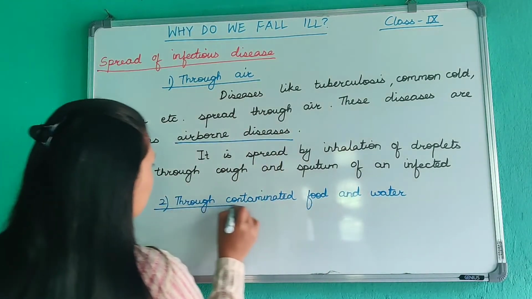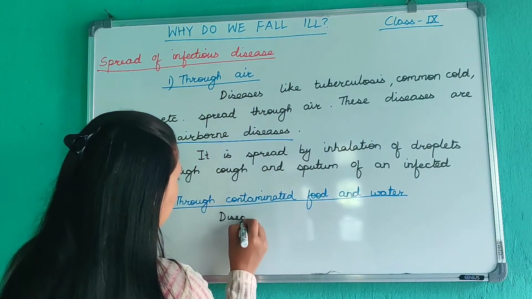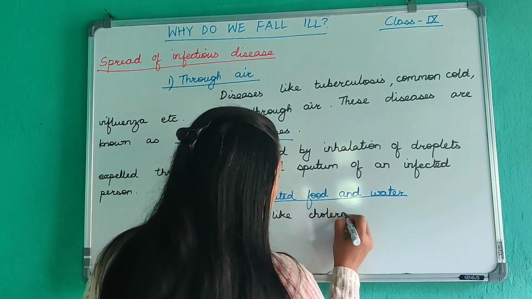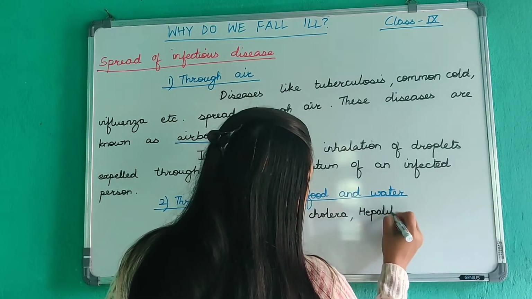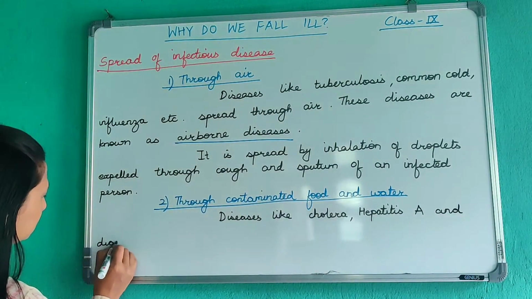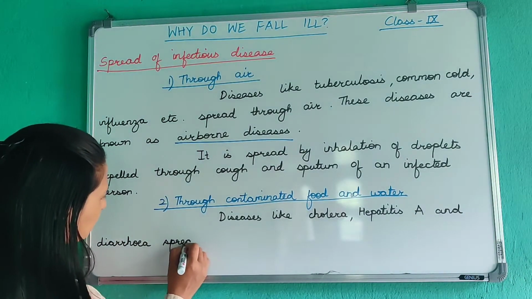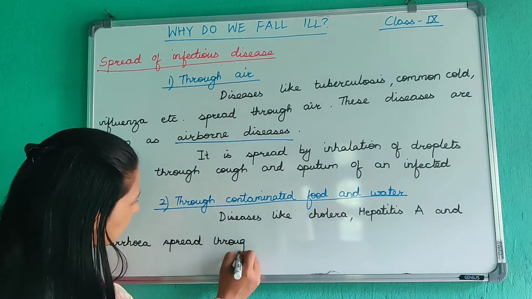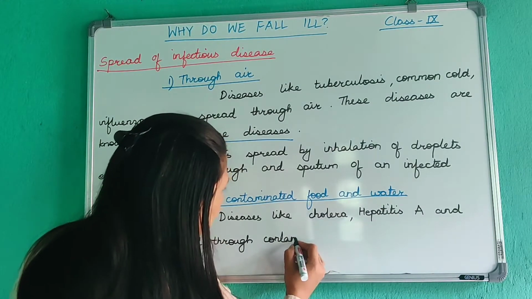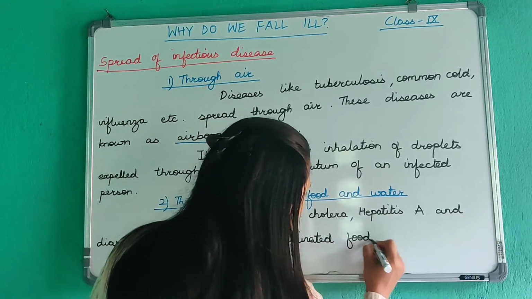Diseases like cholera, hepatitis A and diarrhea spread through contaminated food and water.